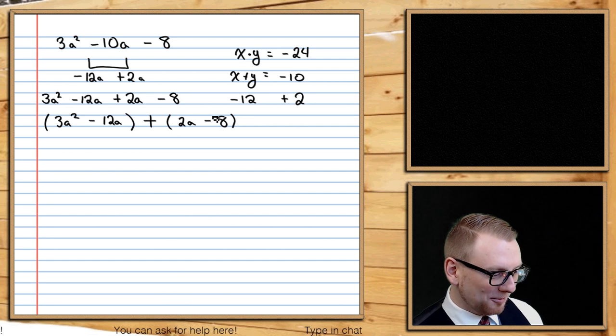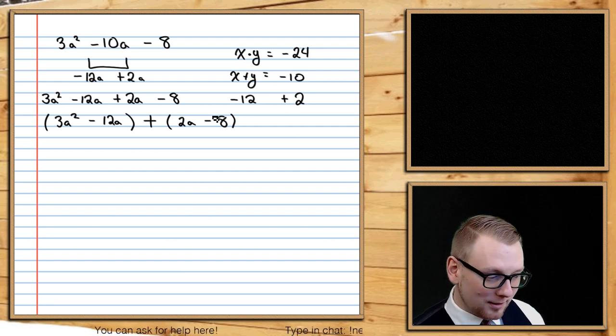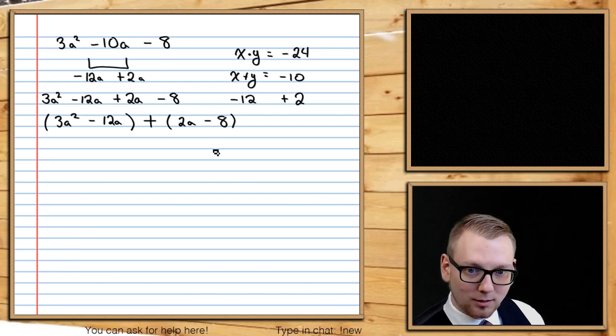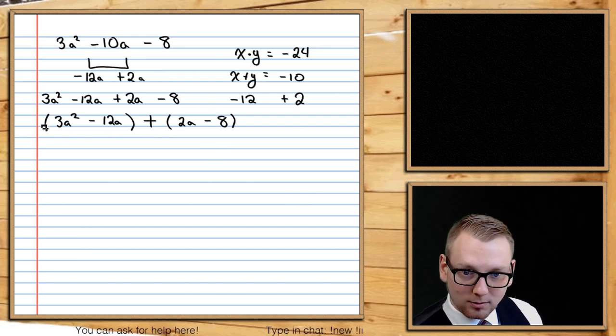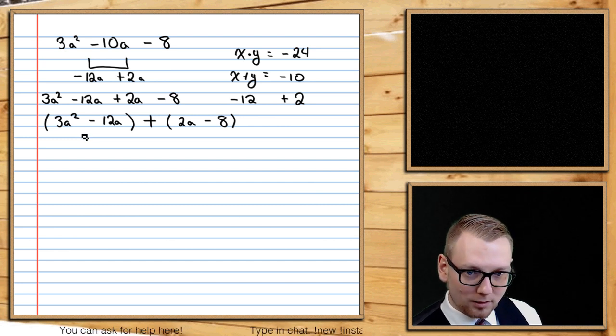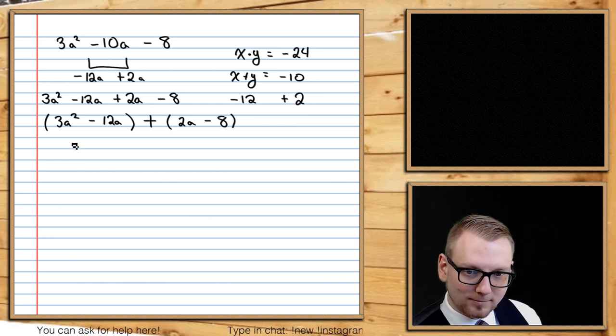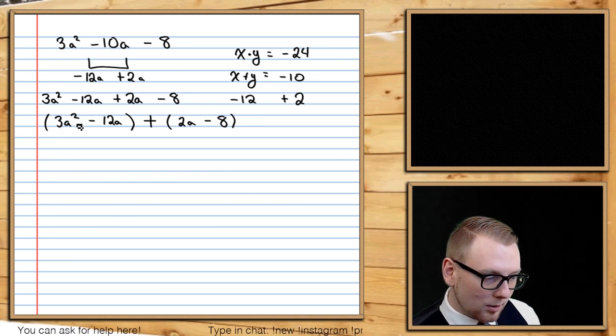Easy enough? Okay, good. Now, remember we were doing factoring, so we need to take out what's common in the first set of parentheses. So what's common in the first set of parentheses? What is in 3a squared, but also in 12a?